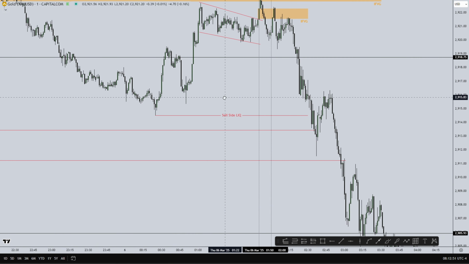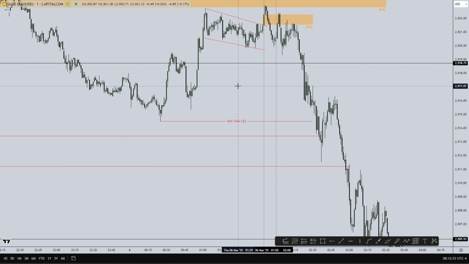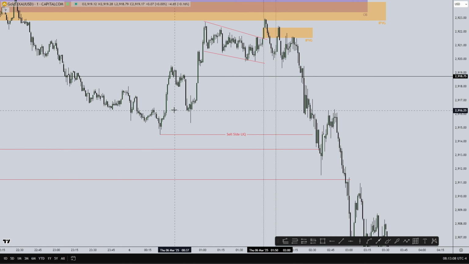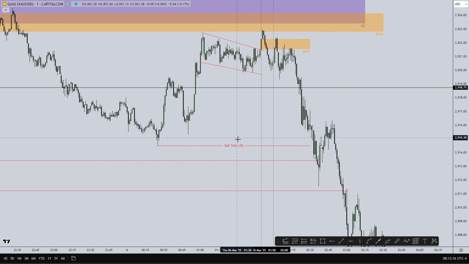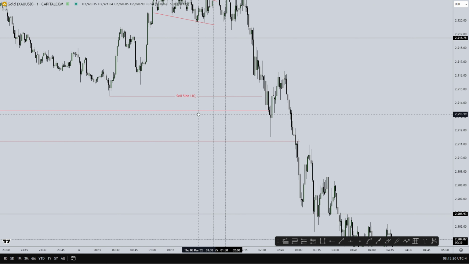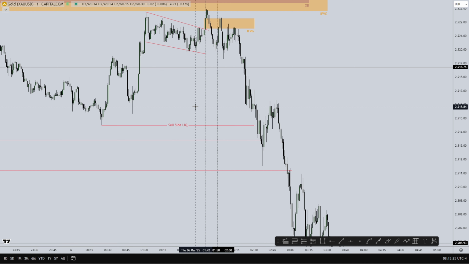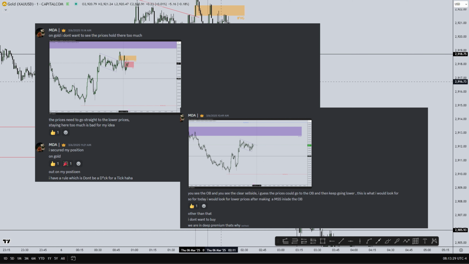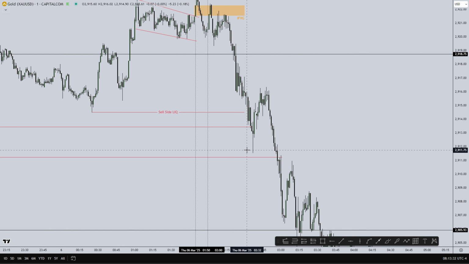This is exactly why the market didn't respect the falling wedge in this session, because there was no proper liquidity grab followed by a confirmed structure shift, as you can see here. Instead, the price continued as a drawdown move respecting the sell side, and we had already identified before the fact that this move would happen. And as you can see, the prices did go to the lower prices.